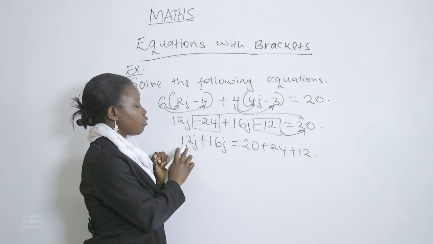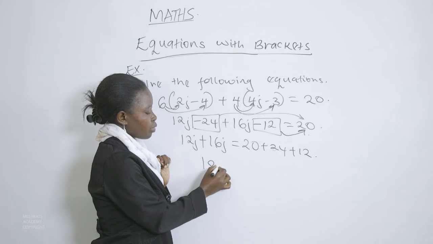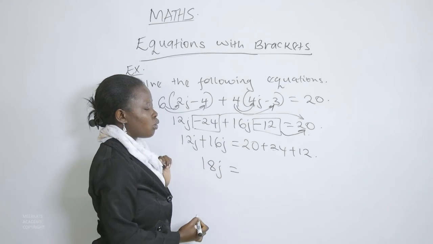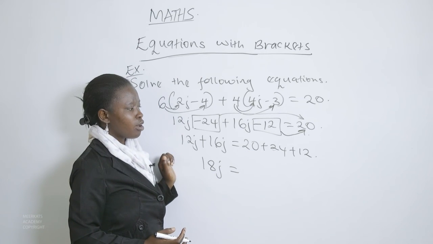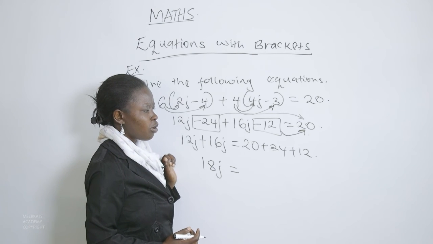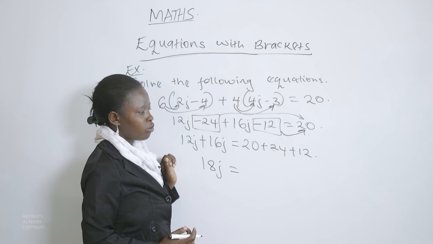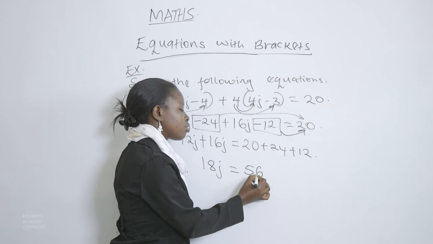So that 12j plus 16j gives us 18j will be equal to 20 plus 24. We have 44. Then 44 plus 12. 44 plus 12 gives us 56.